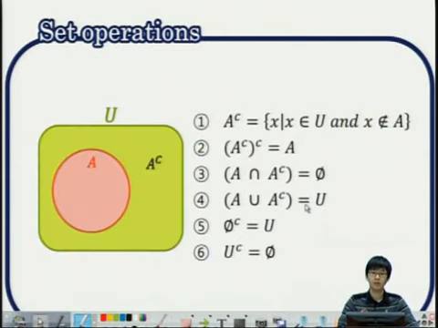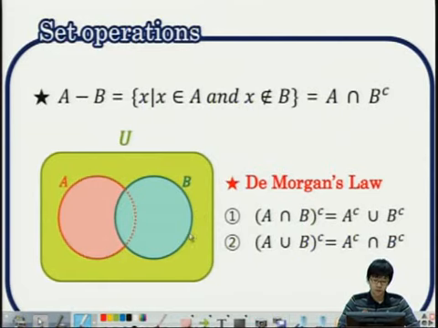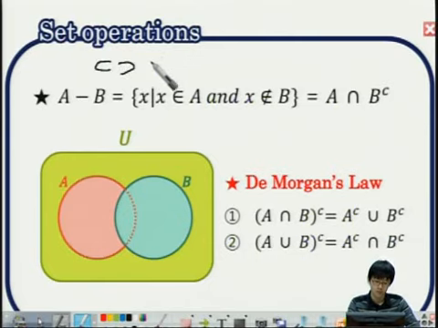So set operation 3. This is the difference set. We've learned about this one, it was subset, and this one, the sum set, the union, and this was the intersection of sets.